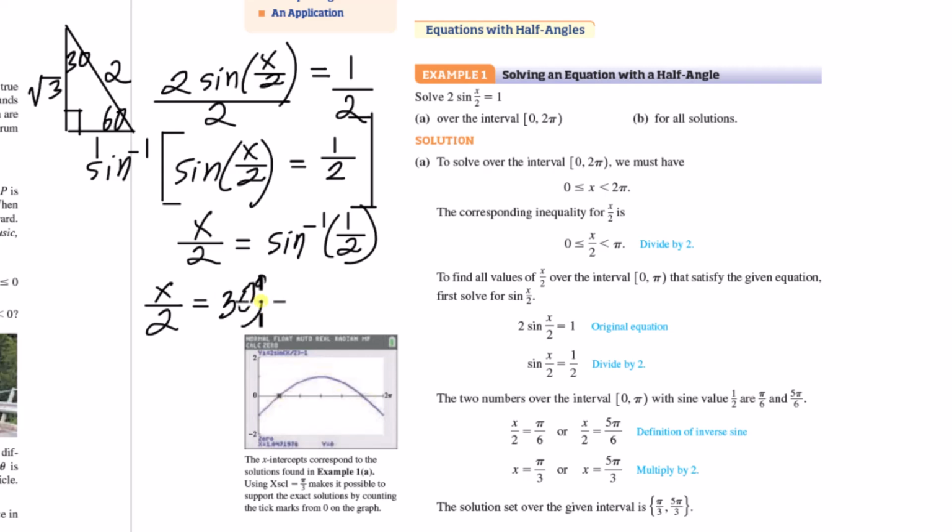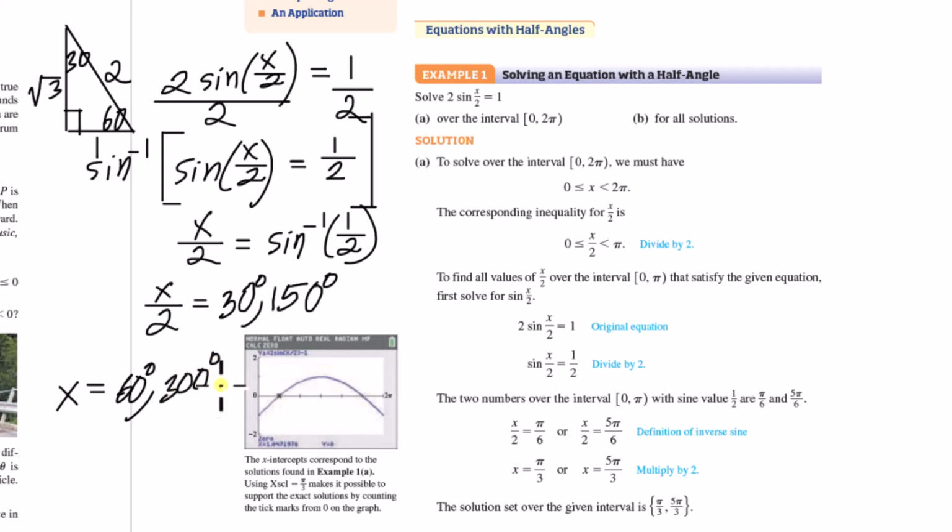So what angle in quadrant 2 has reference angle 30 degrees? That would be 150 degrees. And then that's it for 0 to 360, but then also any angle that's coterminal with these. But you see the difference for these types of equations is that the final answer is like 2 times 30 or 2 times 150 or 2 times any angle that's coterminal with these angles. So it's x is equal to 60 degrees and 300 degrees.